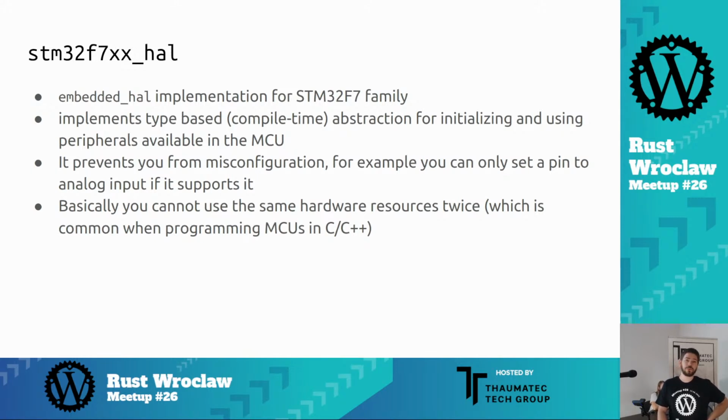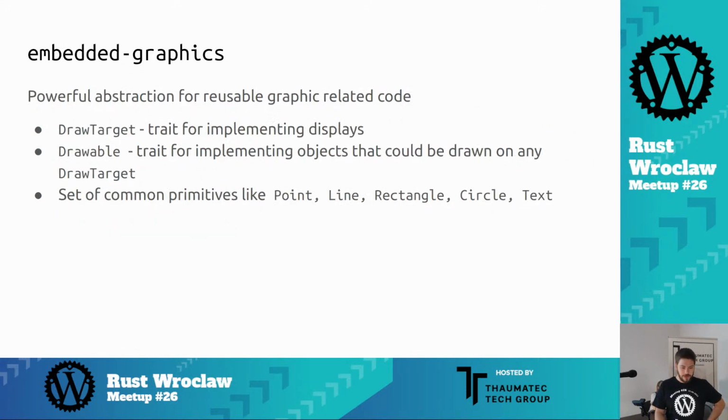So, for example, if you use pin PA0 once as a digital output, and then in a different part of code you want to get control of it, using it, for example, as analog input, it won't allow you because of the borrow checker. So this is nice. This is also a common error when developing embedded software.